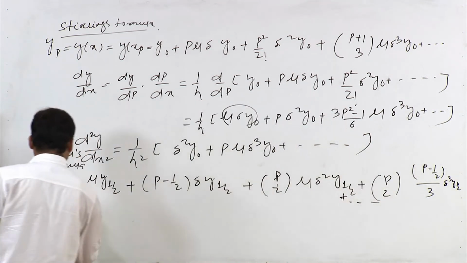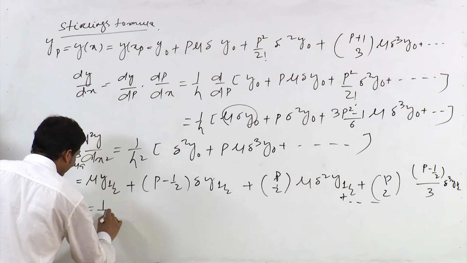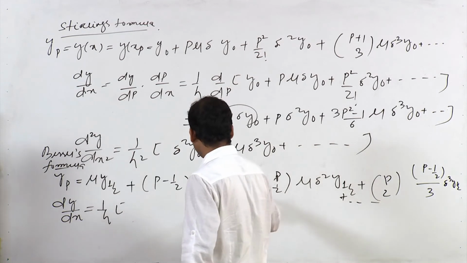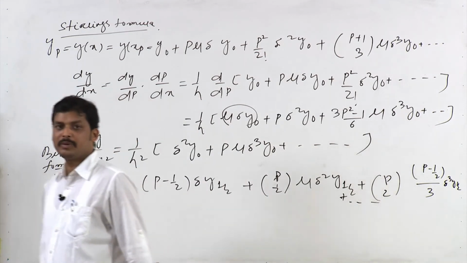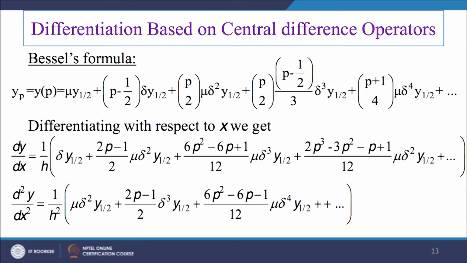If we take the differentiation, in the same form we can write dy by dx as 1 by h times: the first term, delta y of half, then plus 2p minus 1 by 2 mu delta square y of half, then 6p square minus 6p plus 1 by 12 delta cube y of half, plus all other terms.